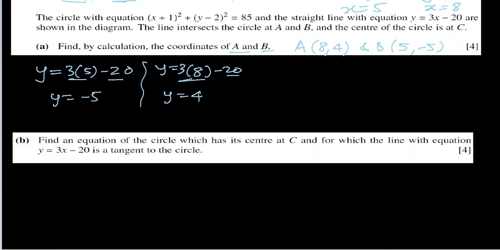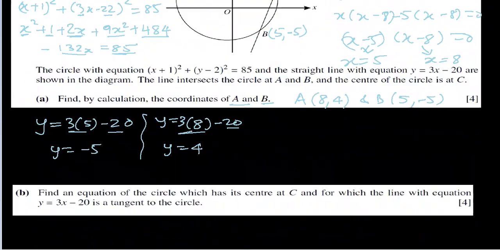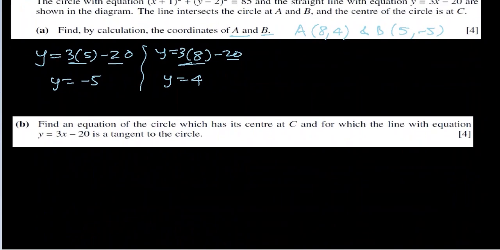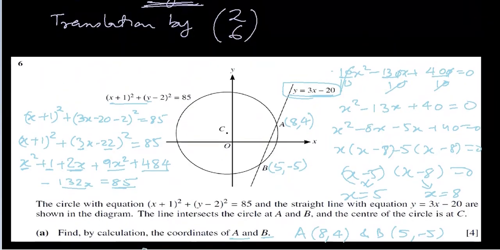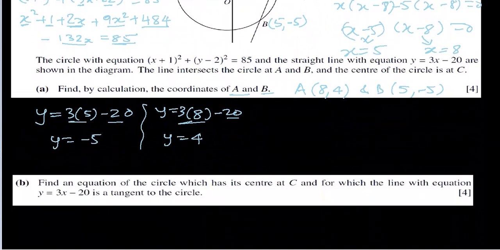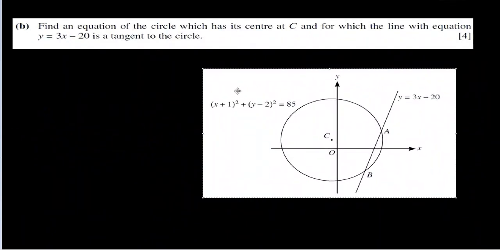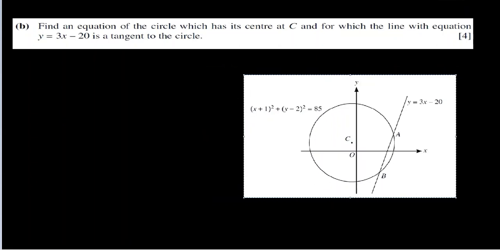Find an equation of the circle which has its center at C, and for which the line with equation y equals 3x minus 20, the same line, is tangent. Let's try to draw the new circle within this circle with center C. Here it is, and this should be tangent to this line.